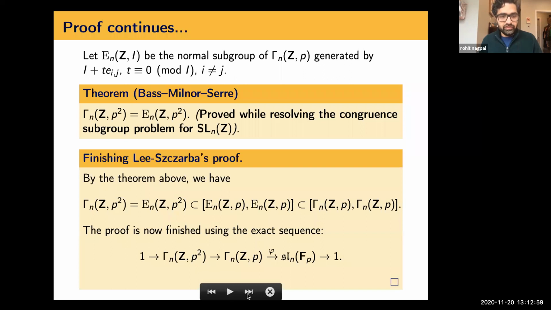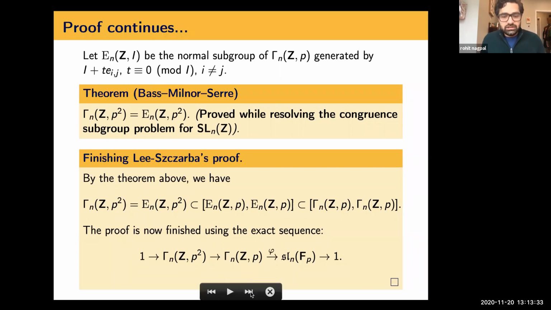To finish the proof, we just check that the P squared congruence subgroup is equal to the elementary subgroup E(I) with I equals P squared, which is contained in the commutator subgroup. This is pretty easy to check, which we can do by just checking on the generators. And this basically finishes the proof using the exact sequence we saw before, right?